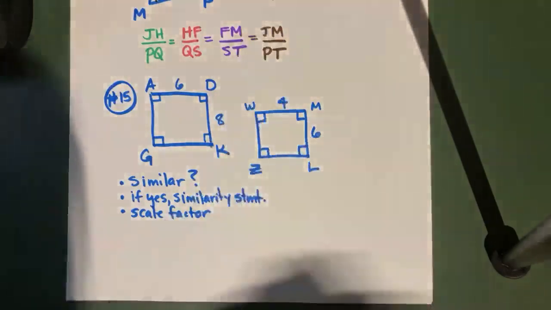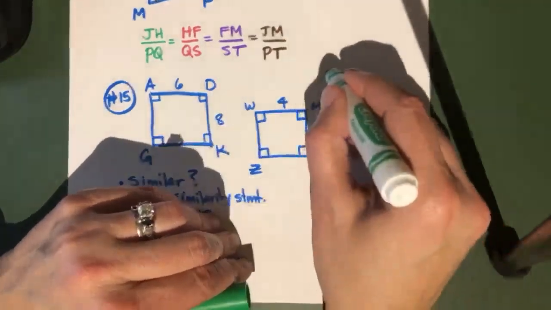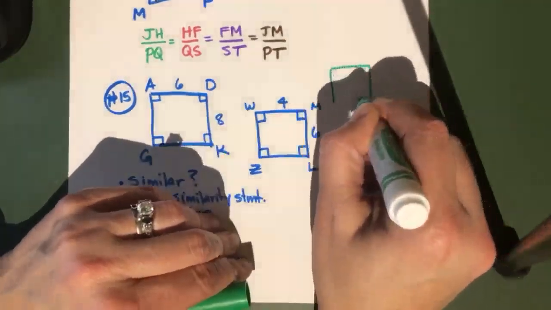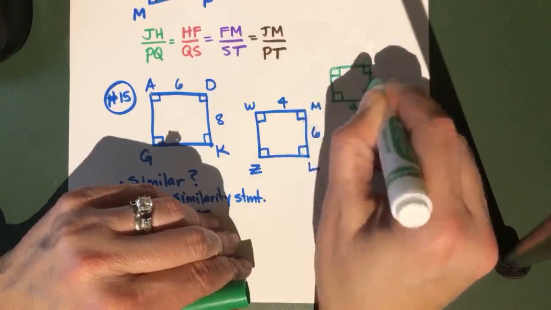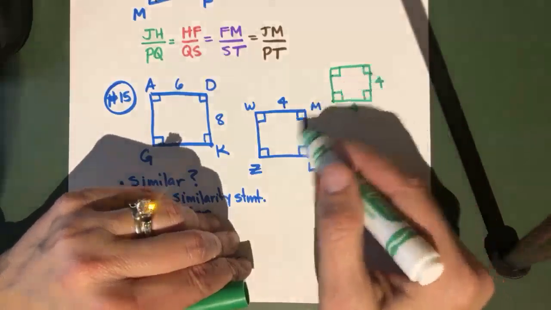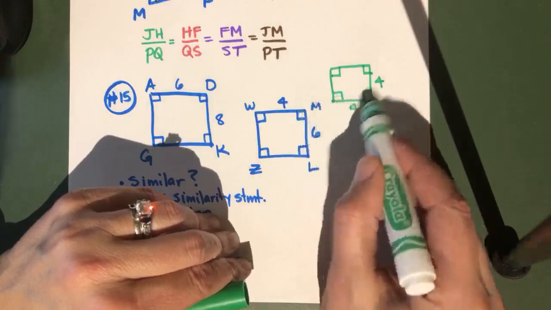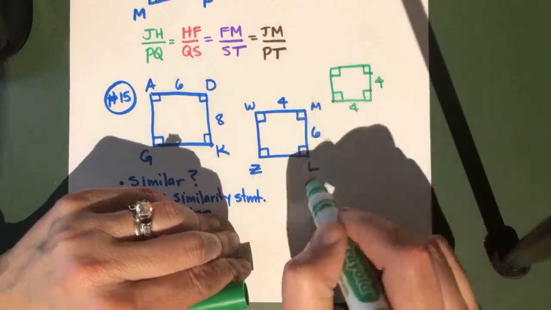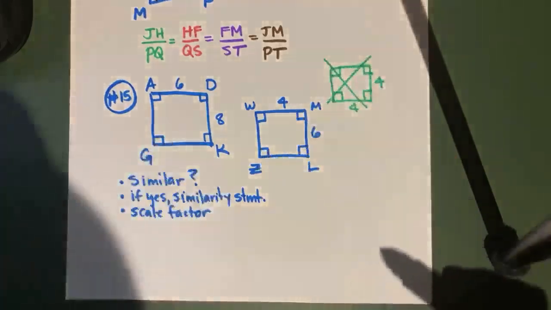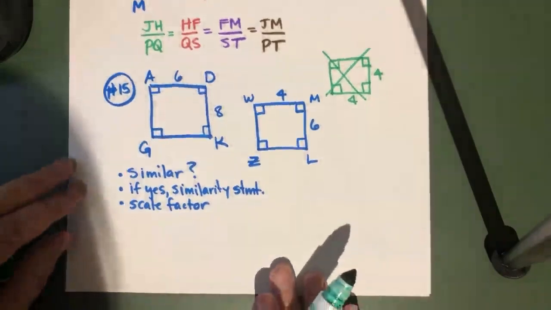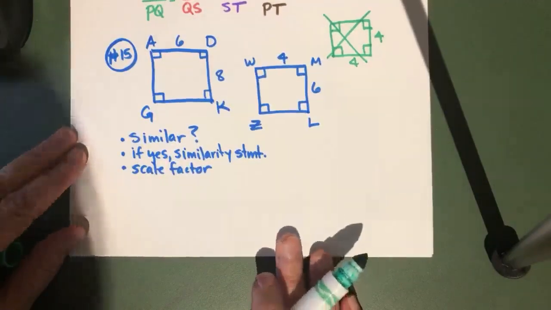For example, if I have a 4x6 rectangle like this one, and I draw a 4x4 square, don't those have the same angles? They do, right? But 4x6 and 4x4 are not the same shape, yet they have the same angles. So just because they have the same angles does not mean they are the same shape. You have to get a little bit deeper than that. That only works in triangles, okay?